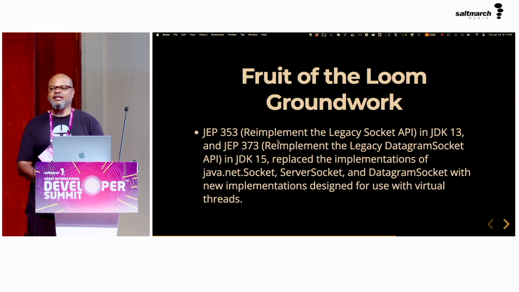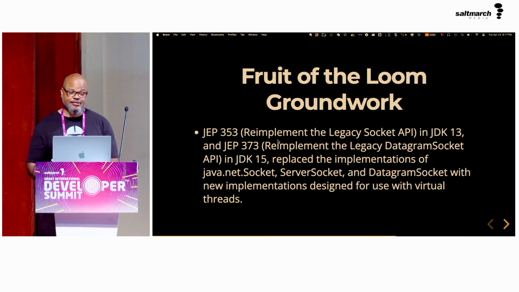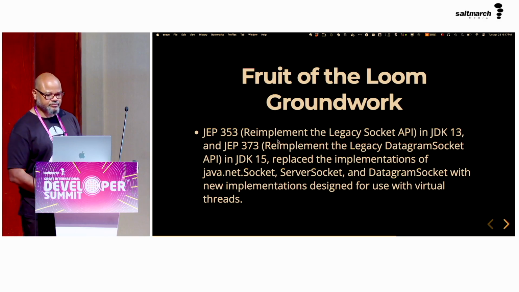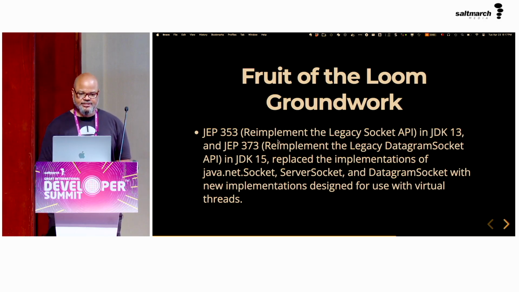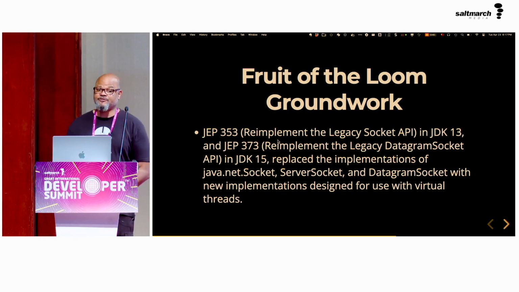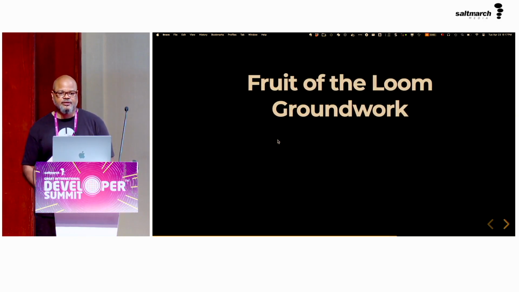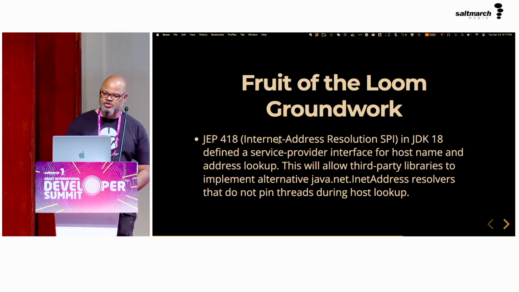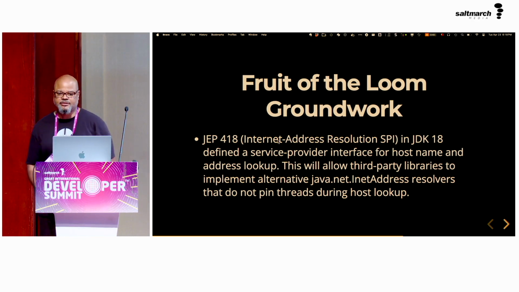There was a re-implement legacy socket API in JDK 13, and that allowed us to replace the implementations of the socket, server socket, and datagram socket with implementations designed for use with virtual threads. Internet address resolution SPI, in JDK 18, to handle some issues that third-party libraries might have with internet address lookups.